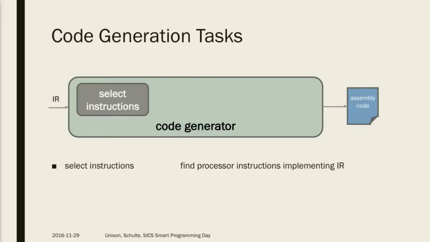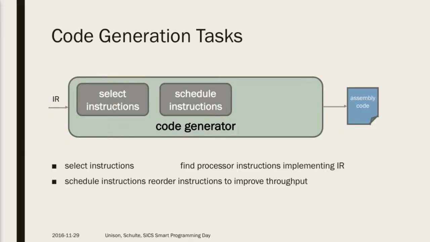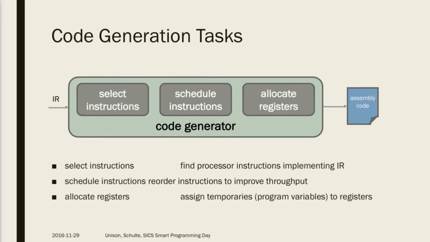You can see this as a clear aspect of optimization. The fewer instructions, the better. The fewer clock cycles the instructions need, the better, and so on and so forth. The other thing you have to do is schedule the instructions. Basically, you want to reorder the instructions in order to increase the throughput, exploiting many of the advanced features that you have in a modern CPU.